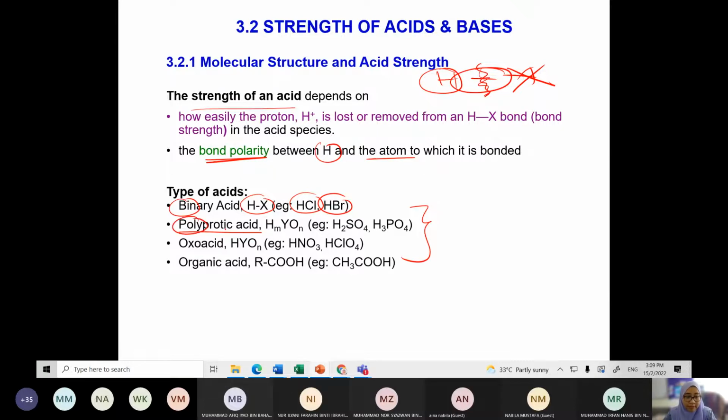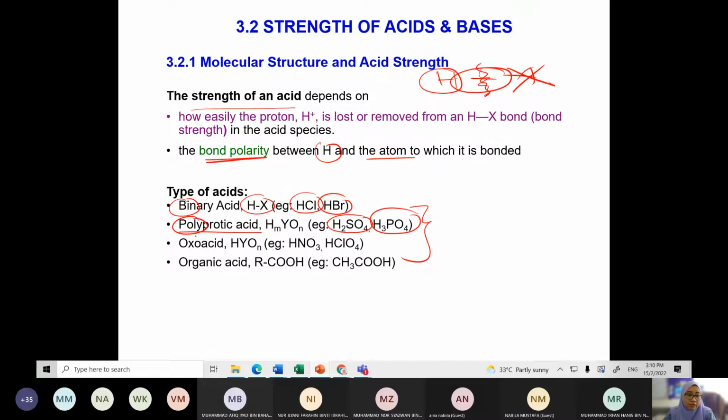Poly means many, protic means dissociation, and acid means the substance consists of H. So polyprotic acid means an acid that consists of more than one hydrogen, for example H2SO4 and H3PO4.